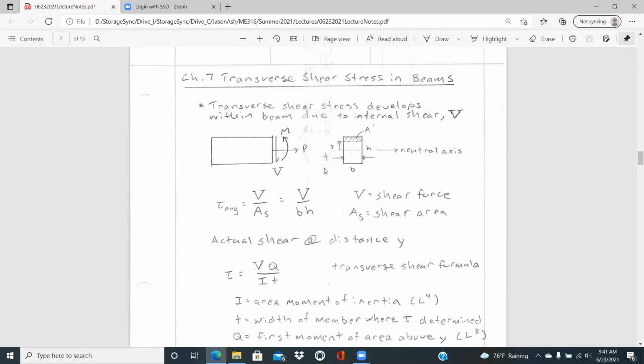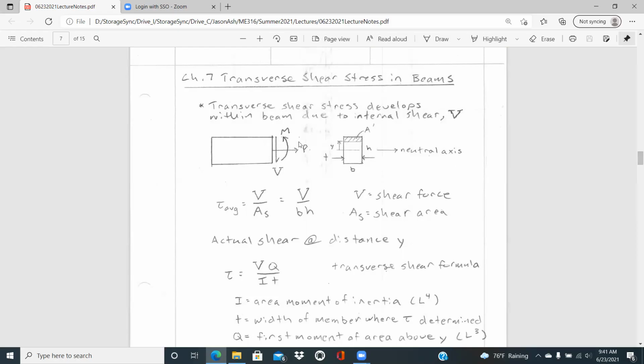And so if you take a first order stab at it, you could say that the average shear stress that develops is just that shear force divided by the shear area, which would be the base times the height. And so that would be more of a direct shear approach to solving that shear stress that develops with the average state of shear stress in mind.